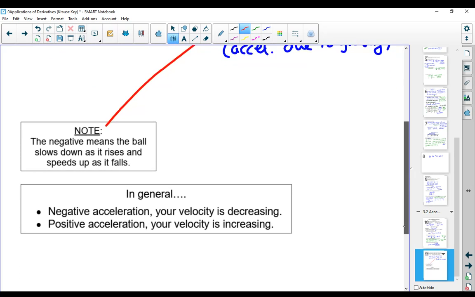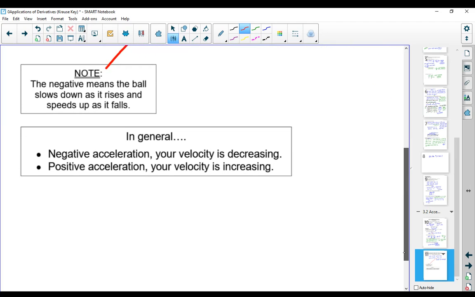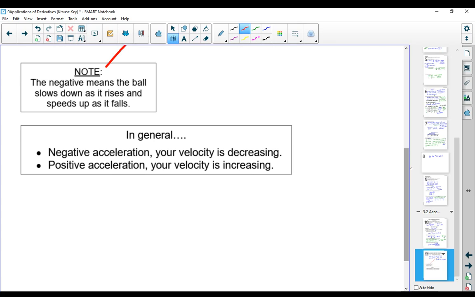Now we'll look at a graph here. I'm going to sketch a graph. In general, when we look at acceleration and velocity, if we have a negative acceleration, that means your velocity is decreasing. And if we have a positive acceleration, that means your velocity is increasing. So if I were to do a quick sketch here, a velocity time graph, velocity there and time there.